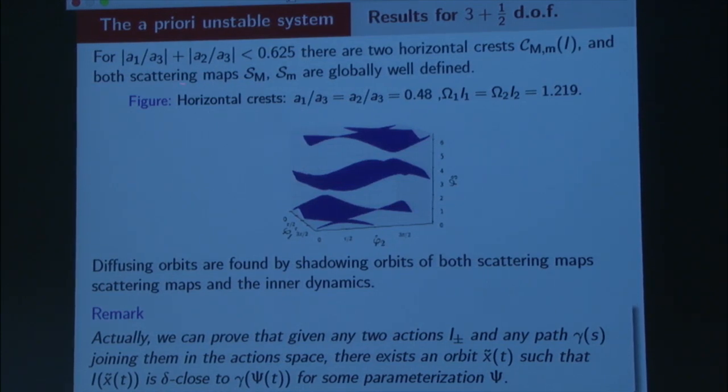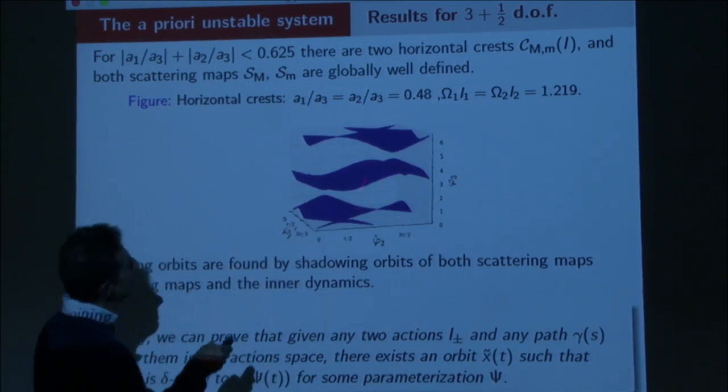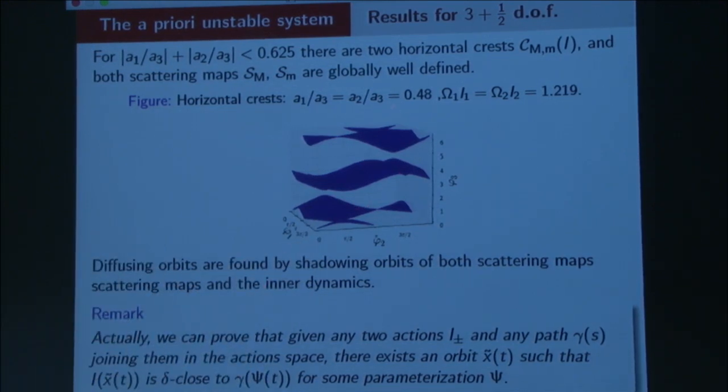And here in these very nice cases, there are 2 horizontal surfaces, and so you only have to look. You can construct 2 very nice scattering maps. And there is one that is the one associated to this maximum crest. Okay.